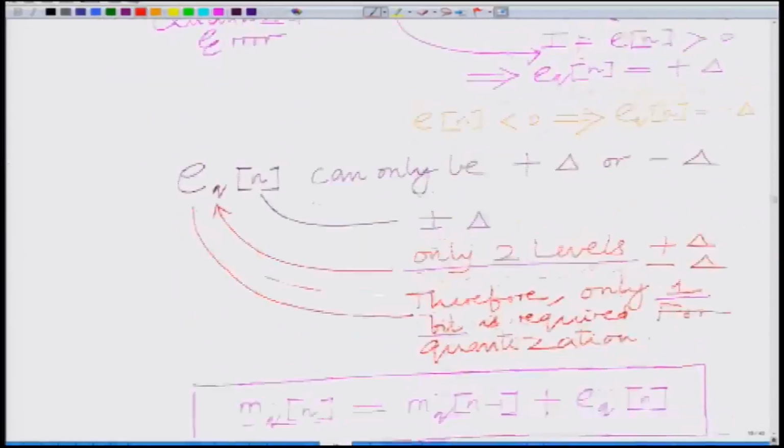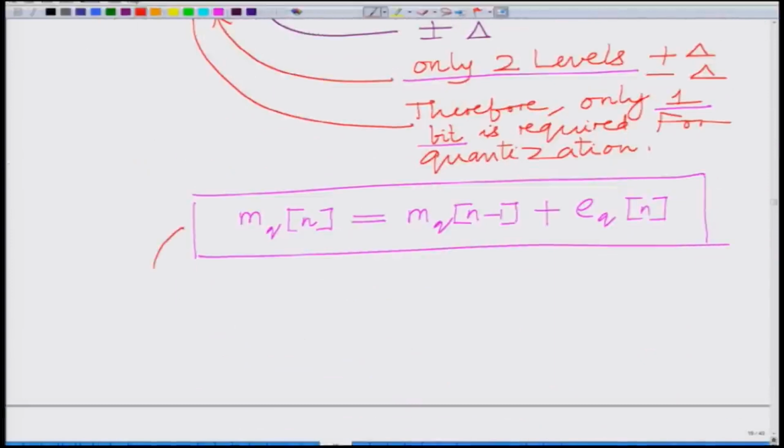Quantize the difference, and step 3 is basically to reconstruct the prediction, which is MQ n, the reconstruction.